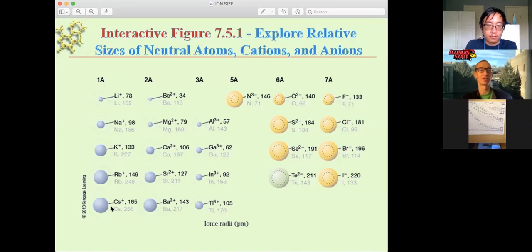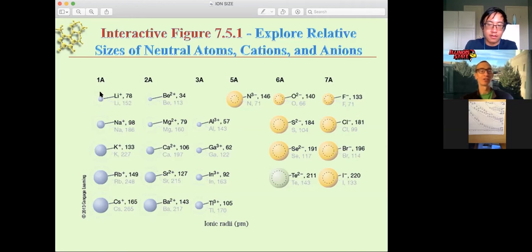How's that? Yes, that makes sense, because potassium still would have 3p, and rubidium would have 4p, so those ions still have a lot more electrons. Right, right. Okay, so that's the ion size going down a group.